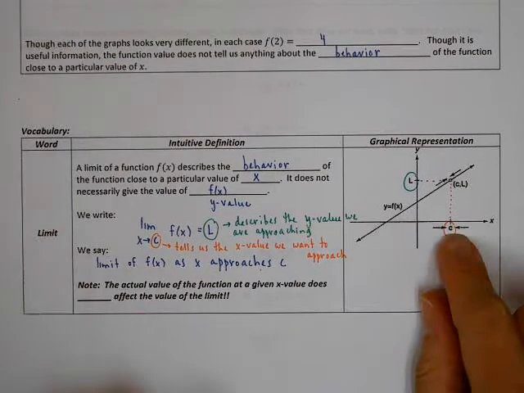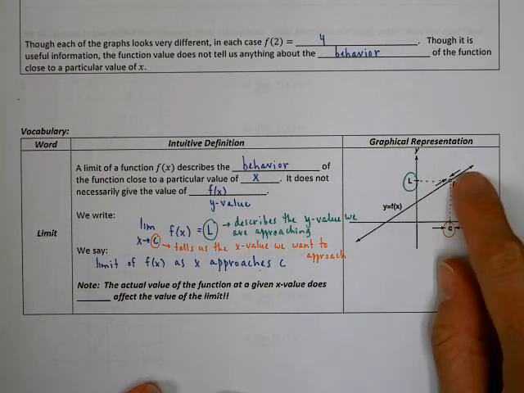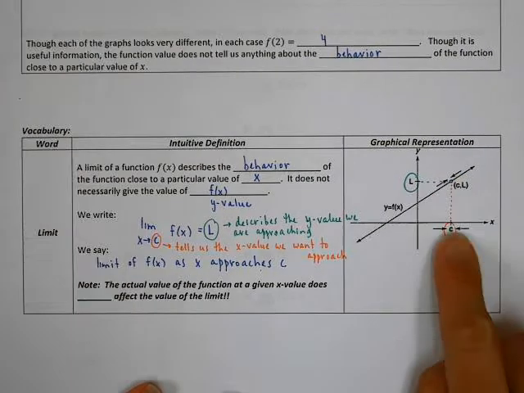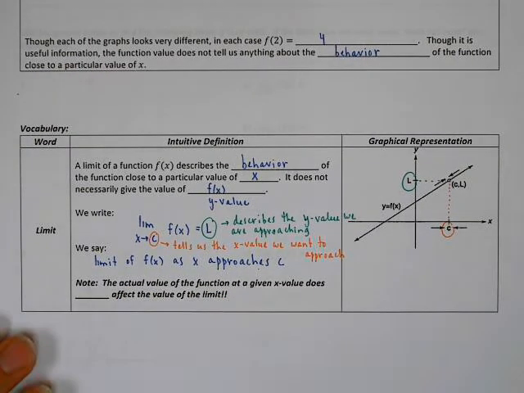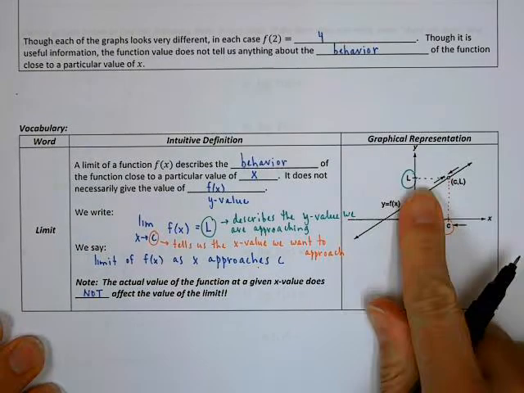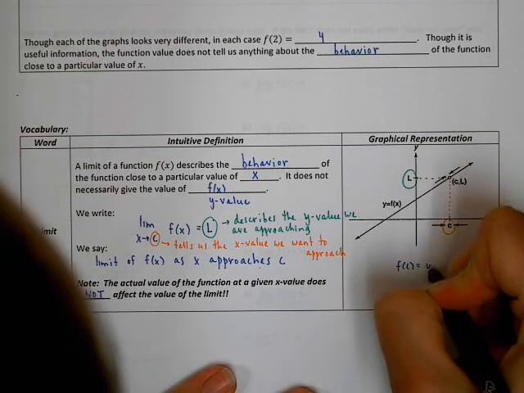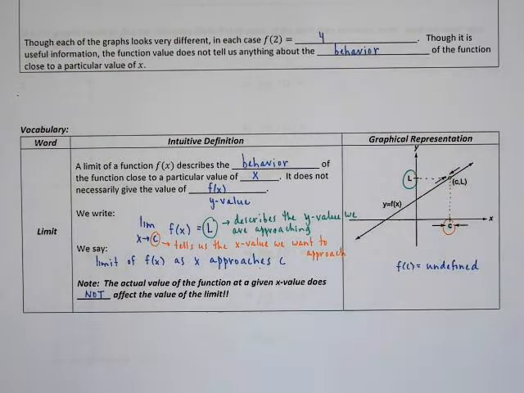Our limit, we said, was L. We're getting really close to that y value of L. However, it is not the function value. So the actual value of the function at a given x value does not affect the value of the limit. Our limit here is L, but we would say that f of c is undefined. So that limit will not always be the function value.